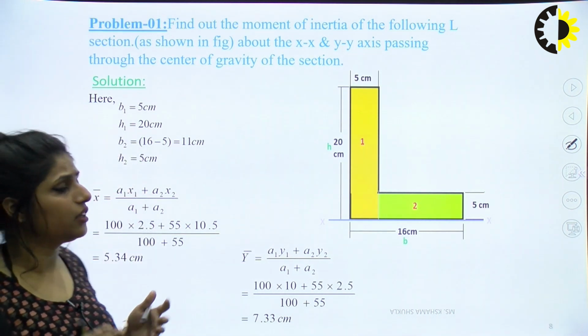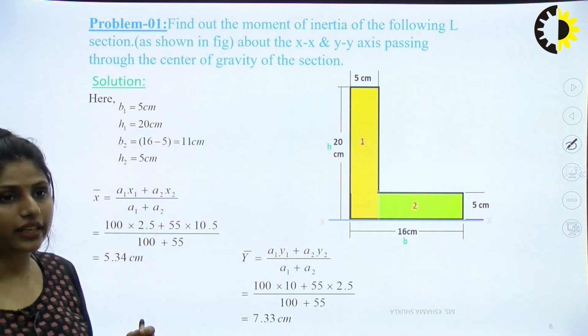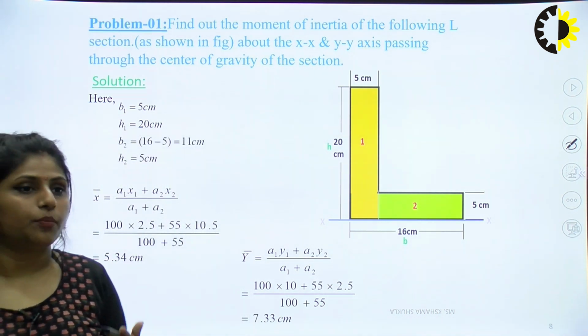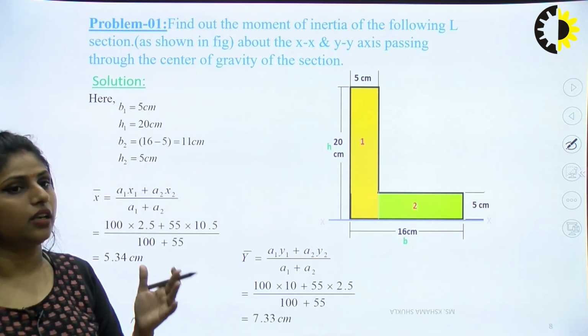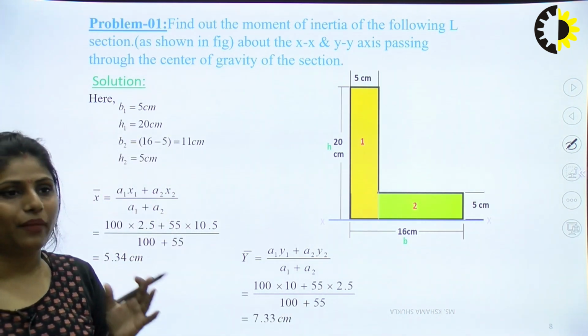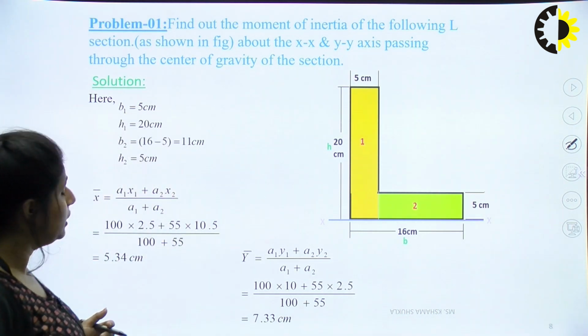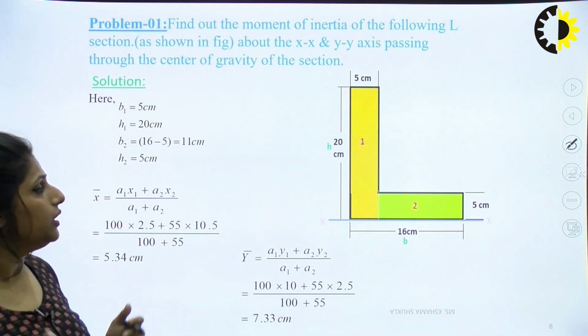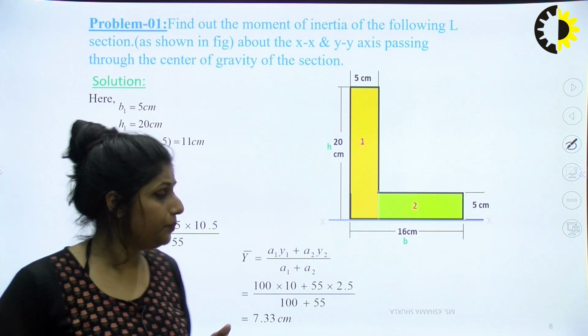Any other diagram, like a triangular section mixed with a circular section, is our second example. If different shapes and sizes of material are combined, this gives our composite section. Further, in this lecture, we will discuss problems related to moment of inertia.